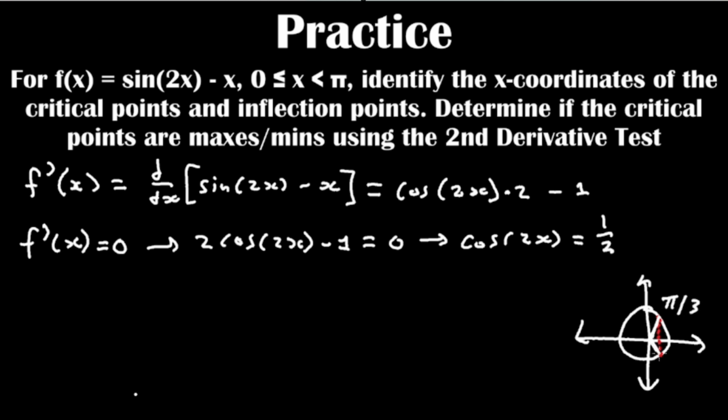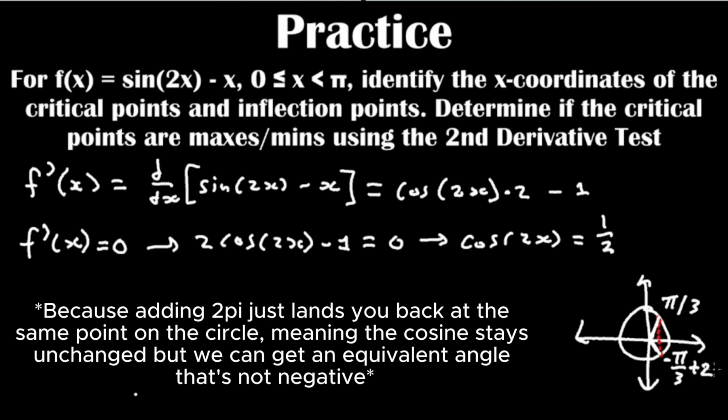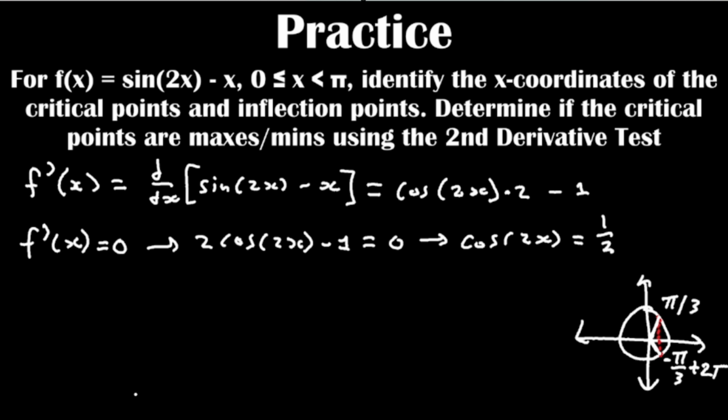And if we think about going the other direction, taking away pi over 3, we get minus pi over 3. But we're thinking about positive values, so we can add 2 pi to this, because that's a coterminal angle. That would just be 6 pi over 3. So overall, our positive angle would be 5 pi over 3. So those are the two places in the unit circle where cosine would be 1/2.